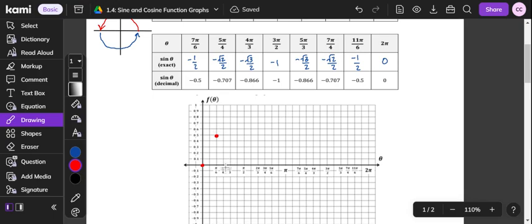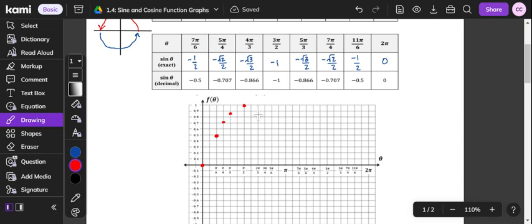And then pi over 4, the sine of that is about 0.707, so just a little bit above 0.7. Pi over 3 is 0.866, so just almost 0.9. And then pi over 2, we're at 1. And then we have to go back down the hill.